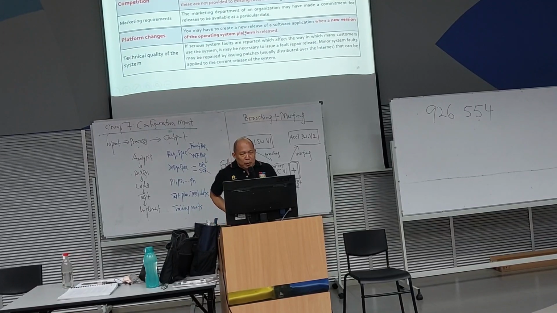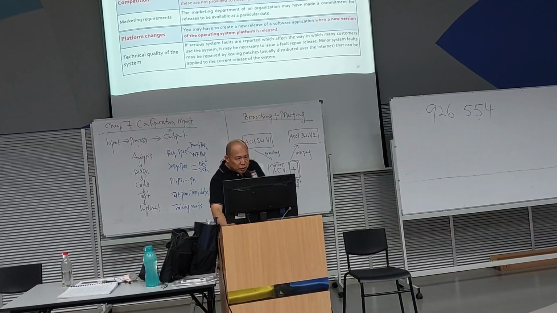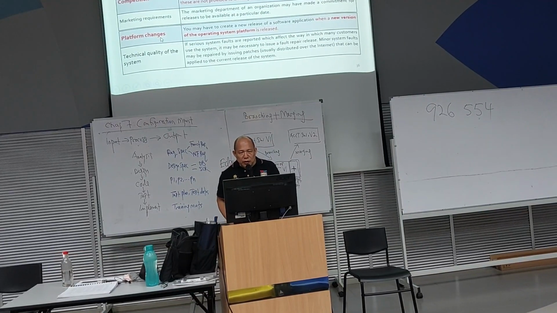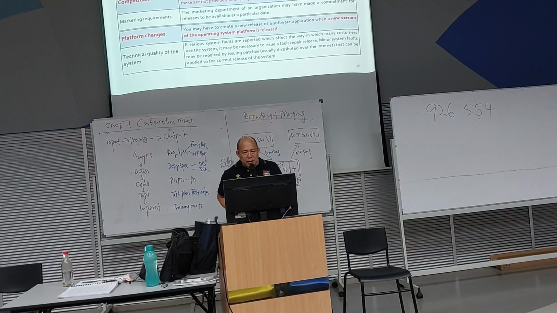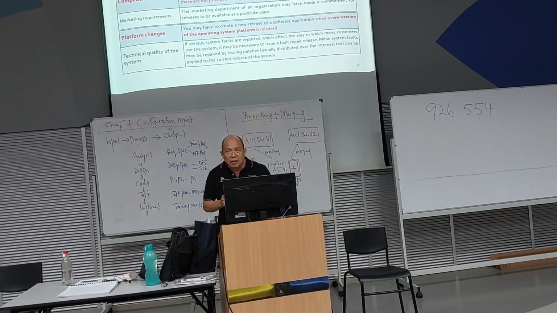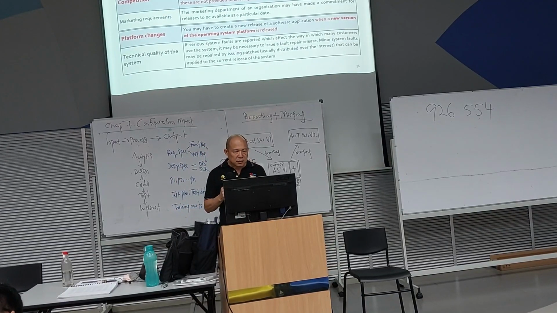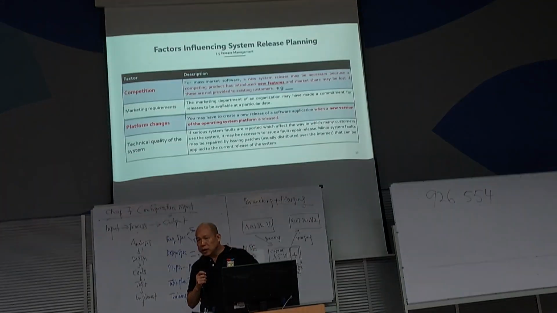Okay, so platform changes. When a new version of the operating system platform is released, you may have to create a new release of a software application. You may have software that runs on Windows.